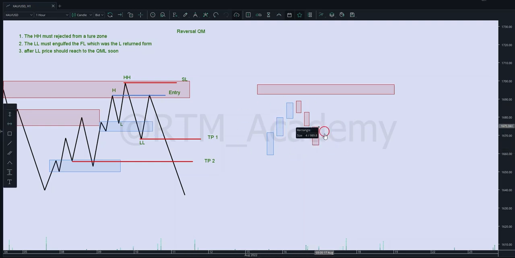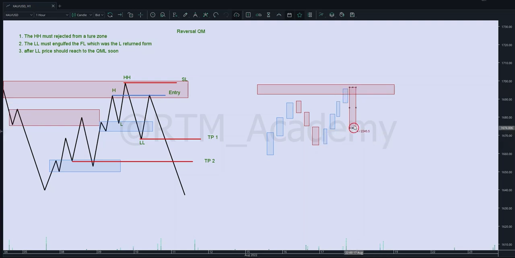I'm going to draw a QM in the higher time frame with the candles. So price starts going up again and makes a higher high. It is high, low, higher high, but the leg from the higher high down to the lower low should be a bearish engulfing candle, and it should engulf the previous candle.